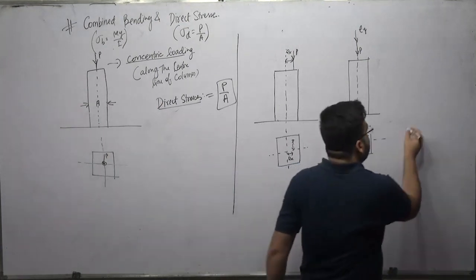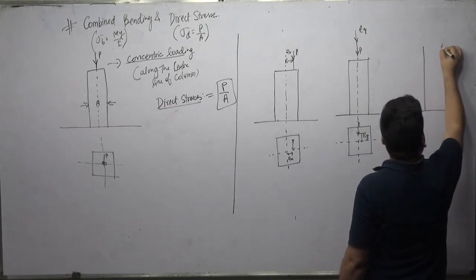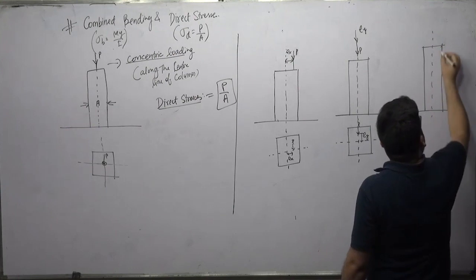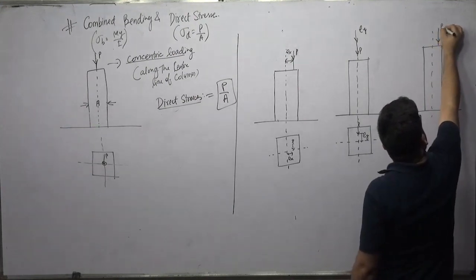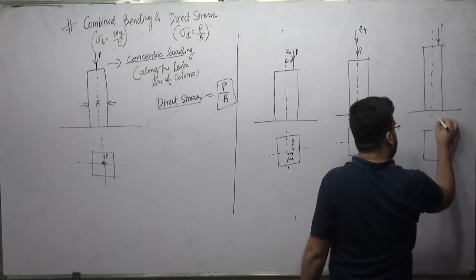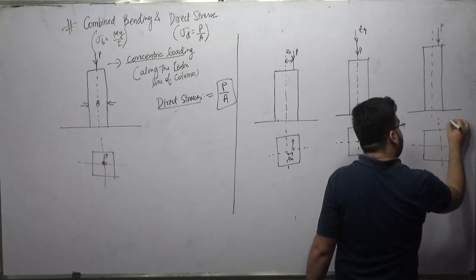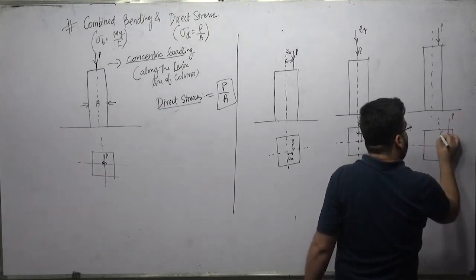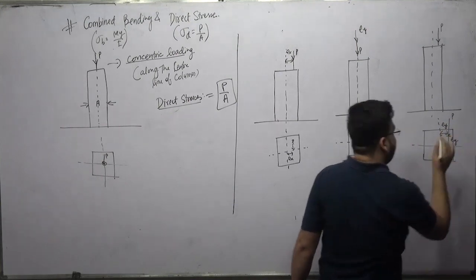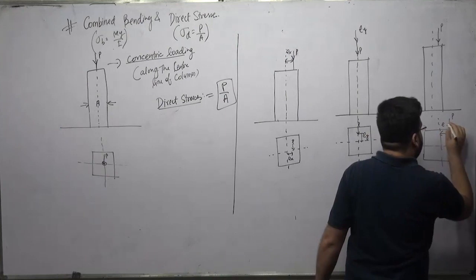Or we can also have a case where we have a column like this, and the load is acting somewhere here. If I look at the top view, the load is somewhere here, at an eccentricity of Ey as well as at an eccentricity of Ex.